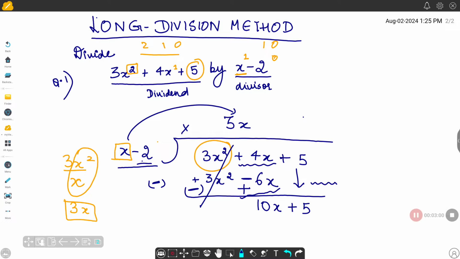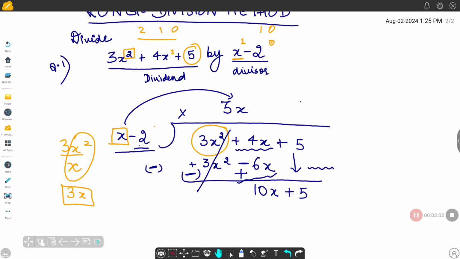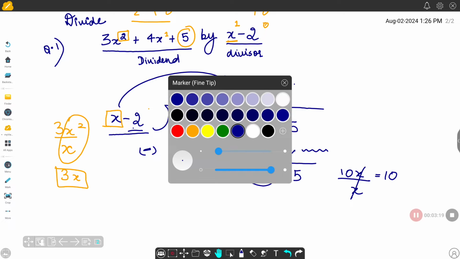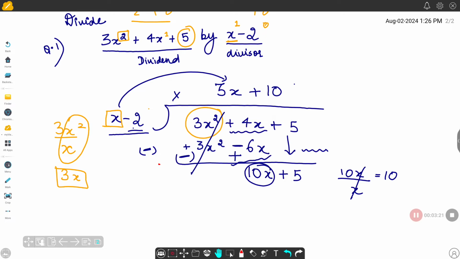Okay. So now take the first term 10x, to be divided by the first term, that is x, of the divisor: 10. So positive 10 will be my next term of the quotient. Now again we need to multiply this divisor by this 10, the second term of the quotient.